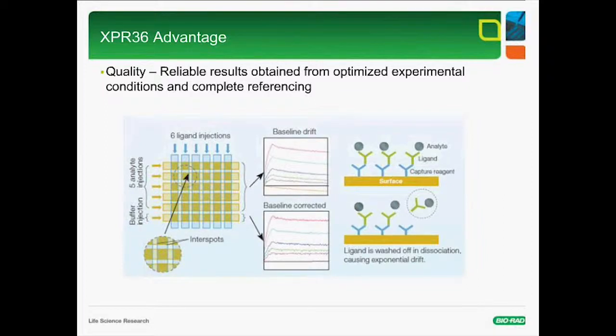A capture surface means you have a covalently bound capture reagent on the sensor chip surface, and the capture reagent captures the ligand for interaction analysis. In this case, baseline drift is inevitable in SPR experiments, and the real-time referencing provides you a perfect correction of the baseline drift. And the capture surface is widely used in drug discovery.